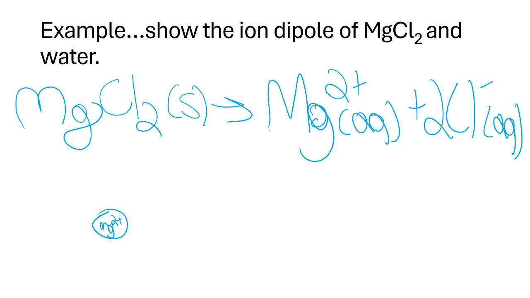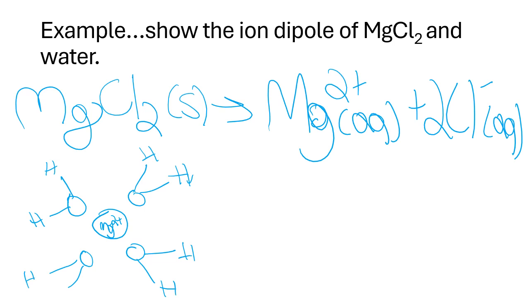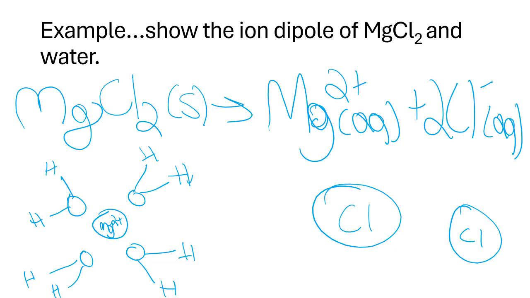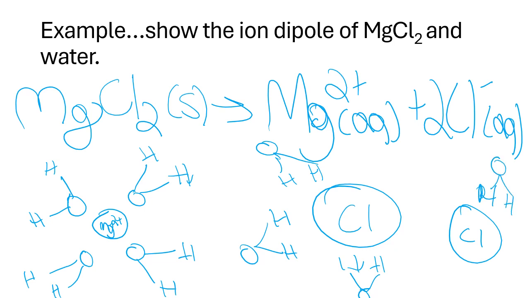I can write just Mg2+ there, and then the oxygen is facing the positive charge. And chlorine is going to be bigger, and there would be two chlorines, and the hydrogen would be facing the chlorine, because the hydrogen is the positive charge side.